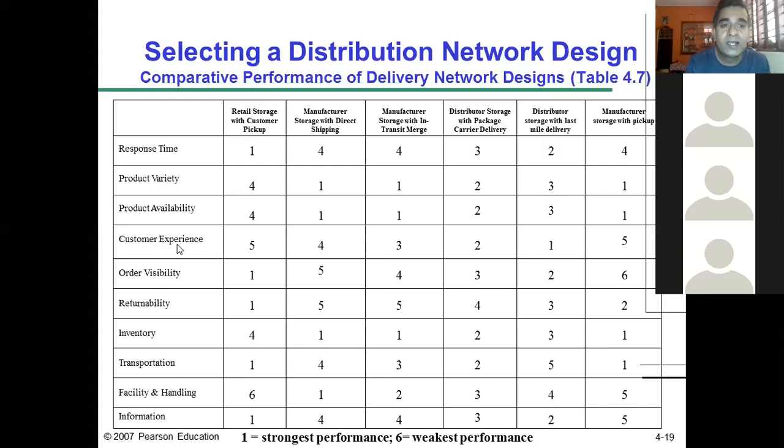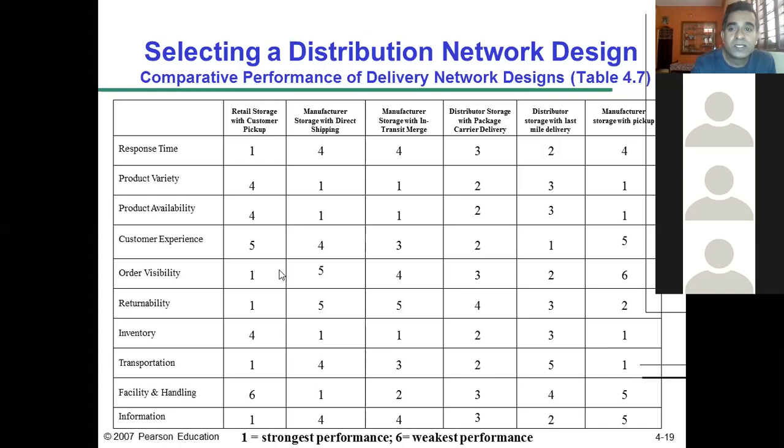So again, similarly, customer experience. If you look at retail storage with customer pickup, it scores 5. So it is towards weaker performance.